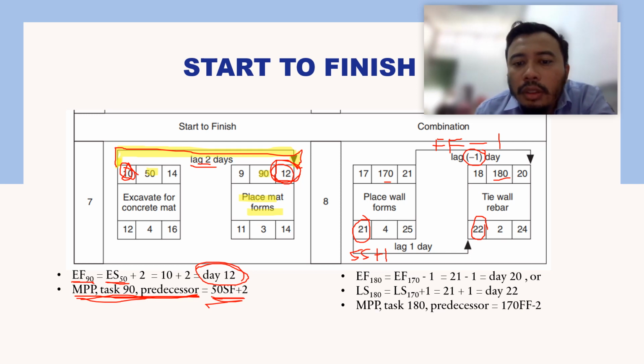As you can see here, if you want to write this down in Microsoft Project, in task 180 in the predecessor column, you would write this as 170 finish to finish minus 2. Actually this one is minus 1, or you can write it as SS, 170 SS plus 1.